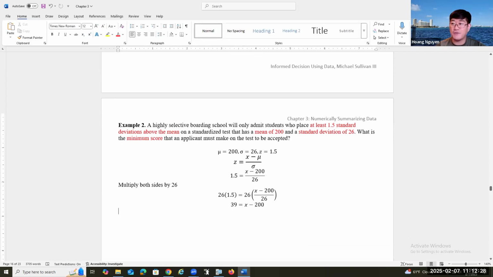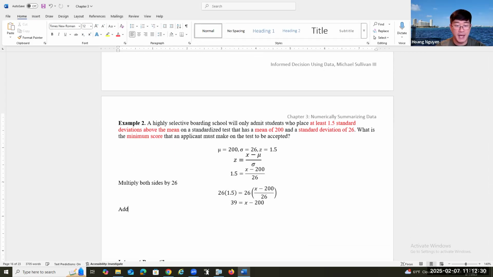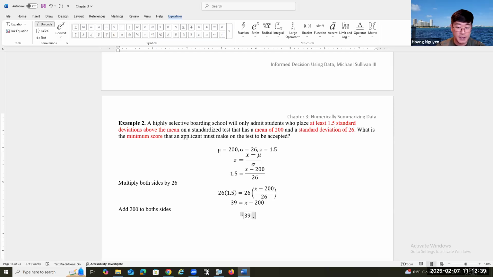Now, what are you going to do to solve for x by itself? Okay, so now I'm going to add 200 to both sides. So we're going to do 39 plus 200 equals x minus 200 plus 200 also. So 39 plus 200 is 239.